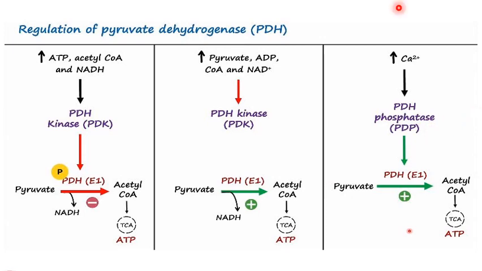When the muscle contracts, it releases calcium, and calcium activates PDH phosphatase. And what do phosphatases do? They dephosphorylate, removing the phosphate group, and then allow pyruvate to go to acetyl-CoA.